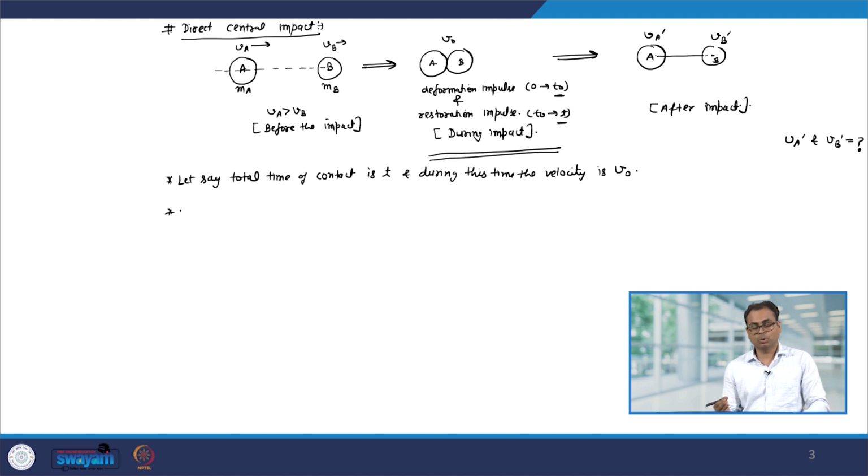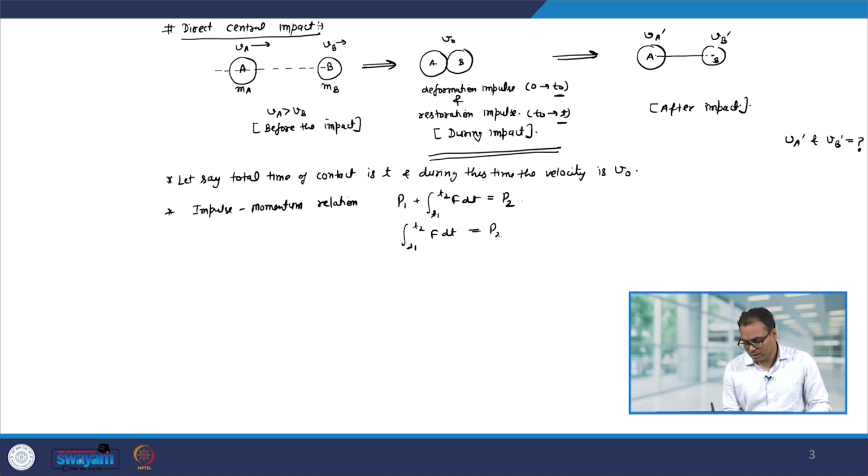This is something that we can use to find out what is the momentum after the impact. So, impulse momentum relation tells that if the initial momentum is p1 and the impulse is integral f dt, then the final momentum will be p2, or I can find out what is the impulse integral f dt, that is p2 minus p1. Now, let me define the coefficient of restitution.